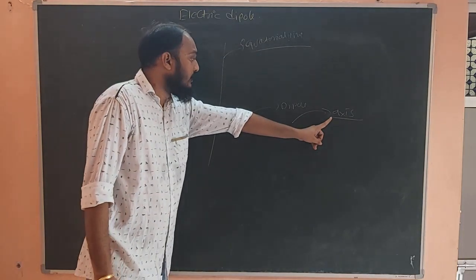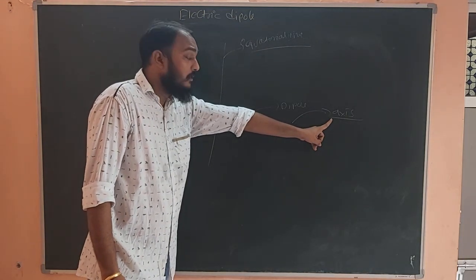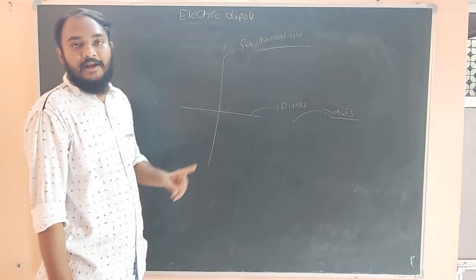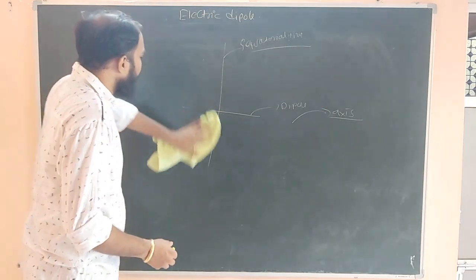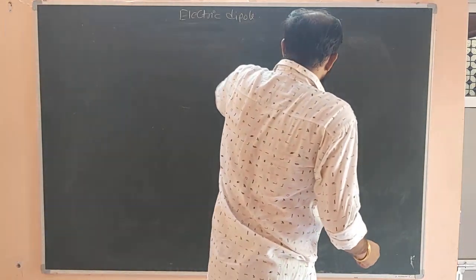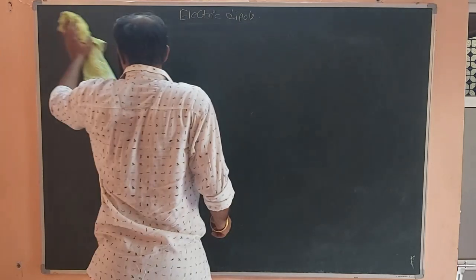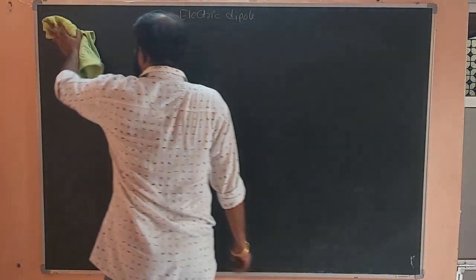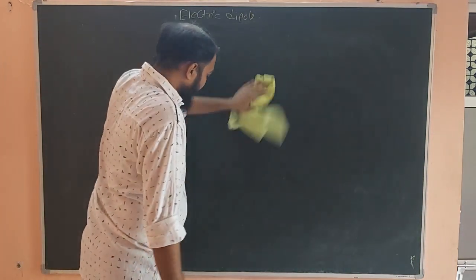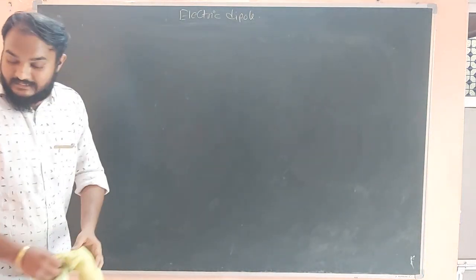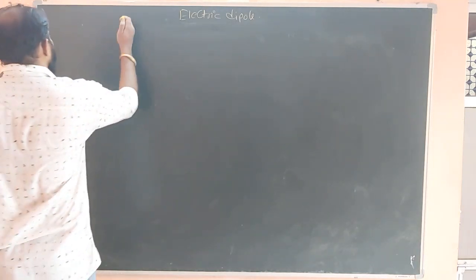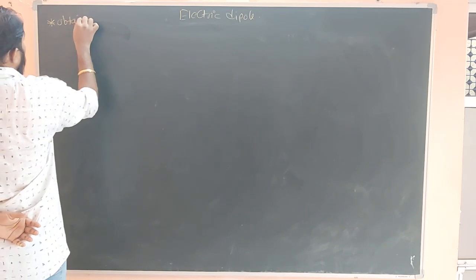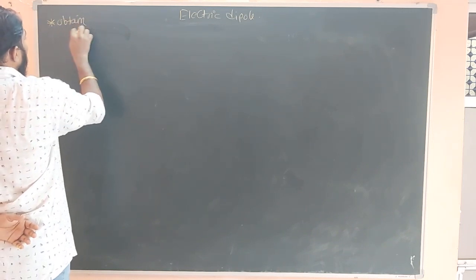We will first find out the equation of electric field at a point on the axis of an electric dipole. Let us find the equation of electric field due to a dipole at a point on the axis of a dipole. So what will be your question?